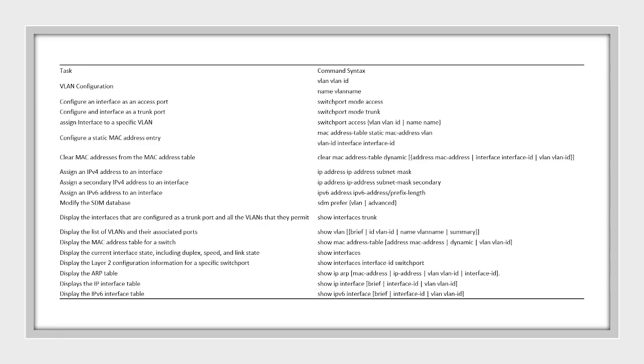You can see how we do a VLAN configuration, access port configuration, trunk port configuration, and static MAC address entry, and how we modify the SDM database which we discussed, along with the commands we can use to execute and see the outputs. This is the command syntax that we have. I'll also give it in the description so that when you do lab practice, it will be helpful for you to analyze it.